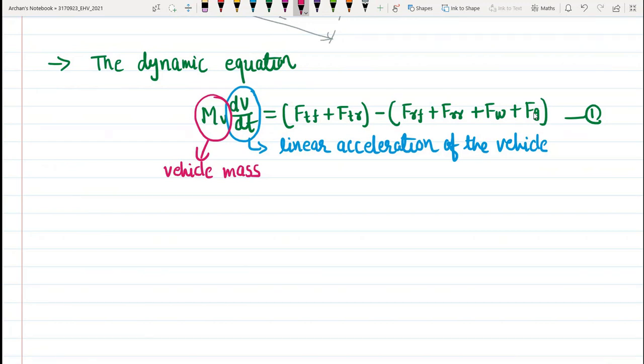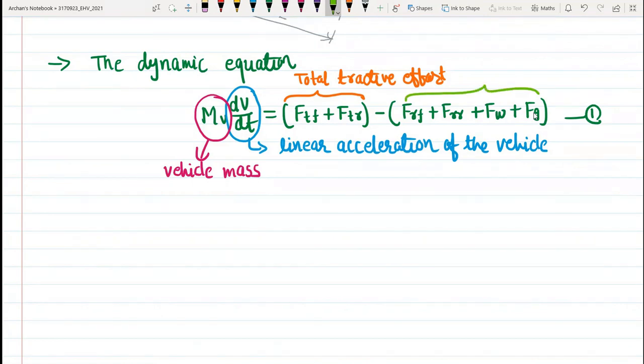The first term represents the total tractive effort, and the second term is nothing but the total resistance.